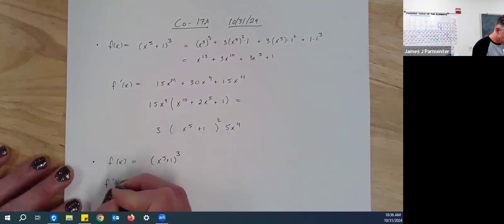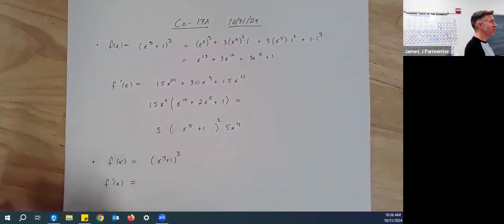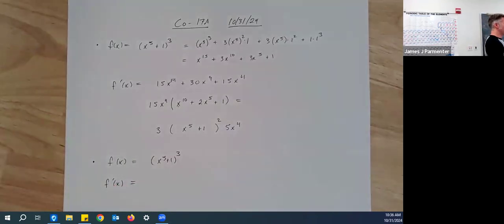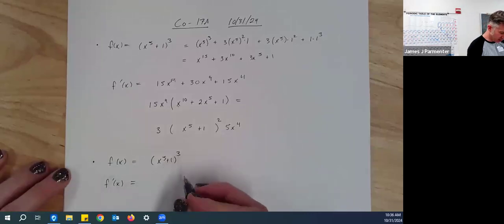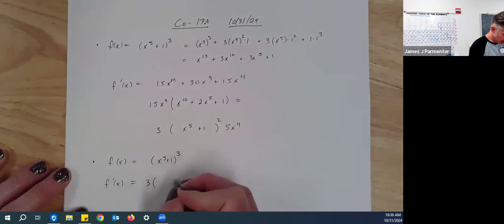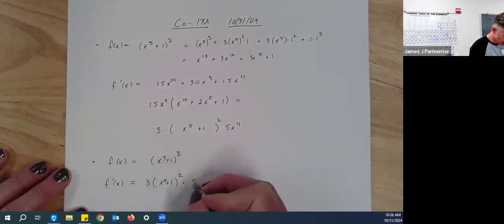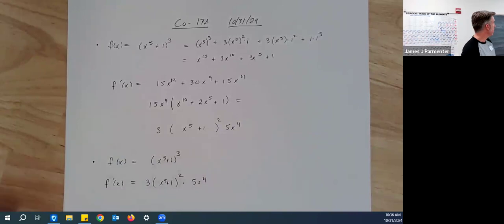My derivative, well, I know the derivative of x cubed is 3 times x squared. So the derivative of some stuff cubed is going to be 3 times that stuff squared times the derivative of the inside stuff. So the inside stuff is x to the 5th plus 1, and the derivative is 5x to the 4th. And look, those answers are exactly the same.